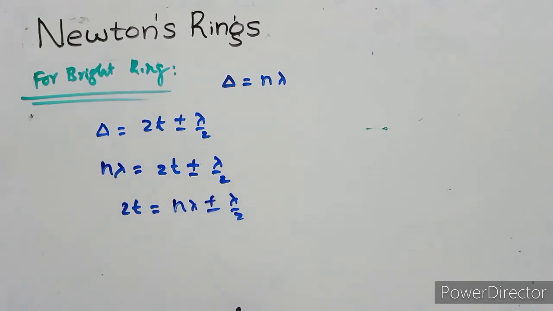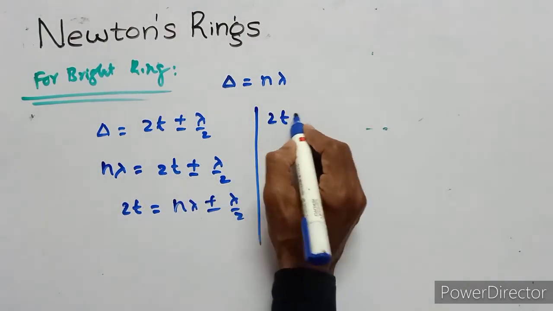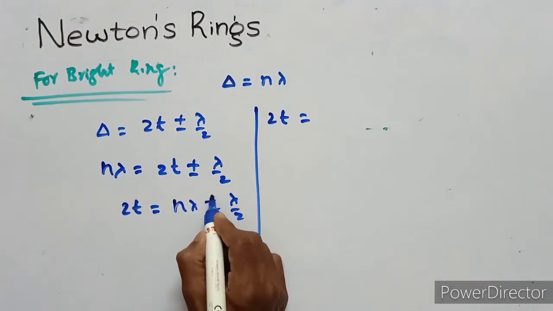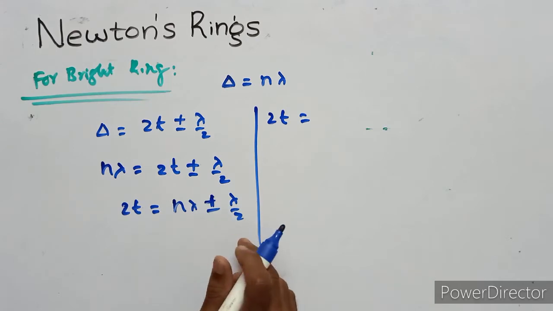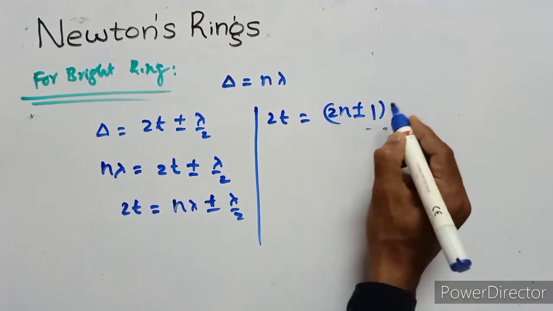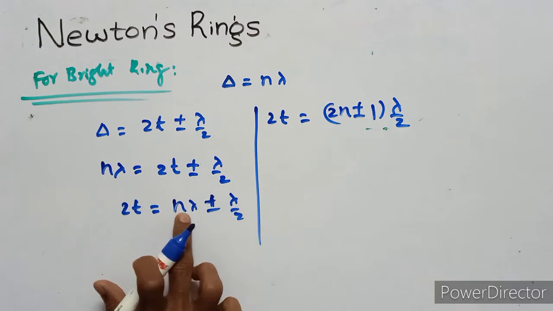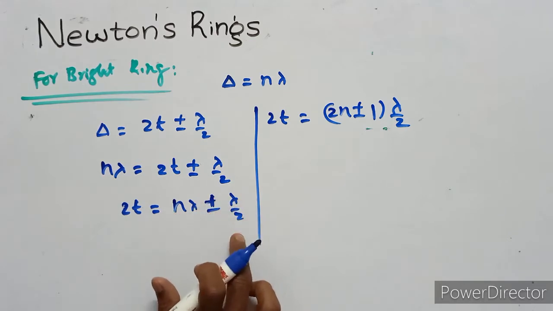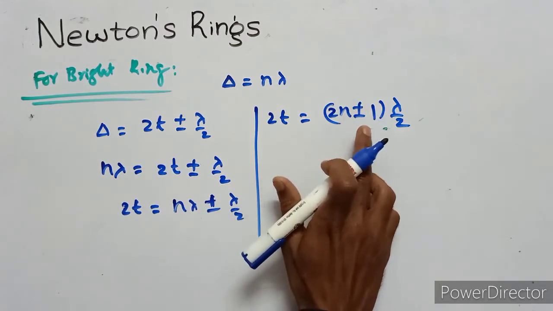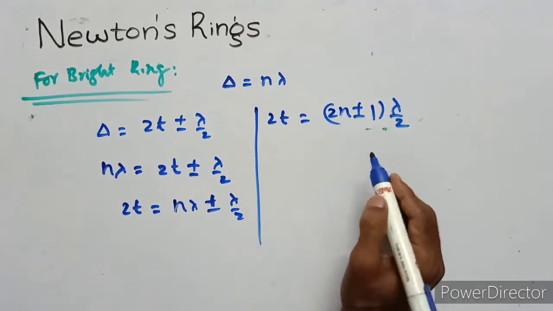Further simplification: 2t equals n lambda plus or minus lambda upon 2, which equals (2n plus or minus 1) lambda upon 2. Taking the LCM, 2t equals (2n plus or minus 1) lambda upon 2.